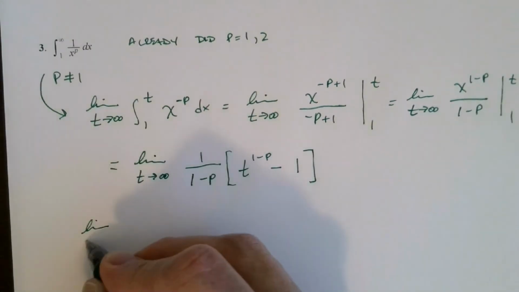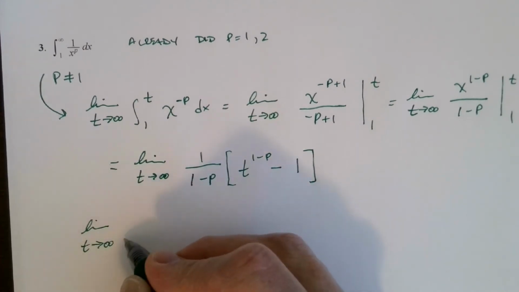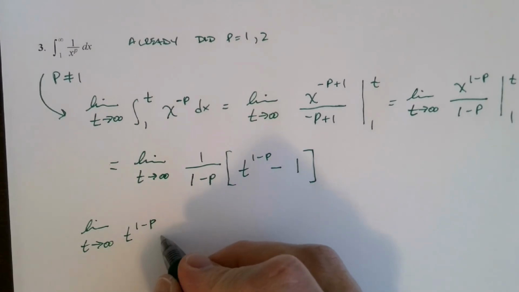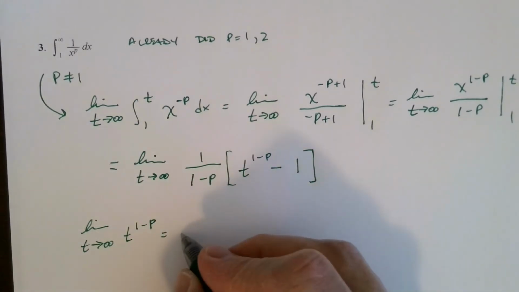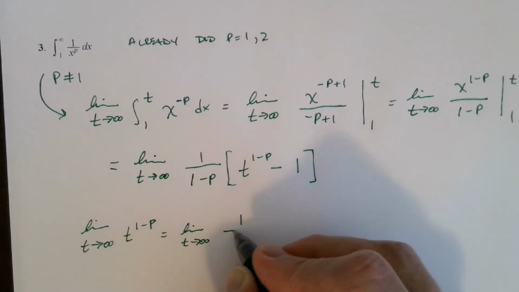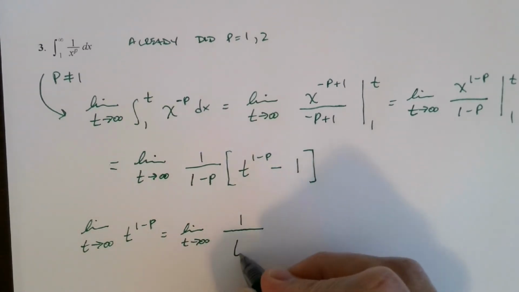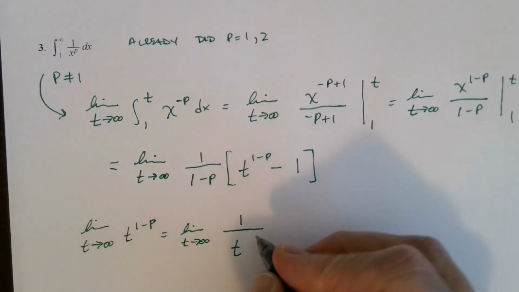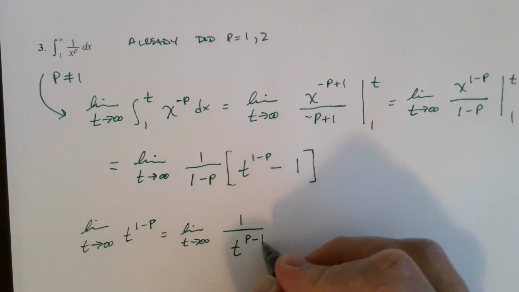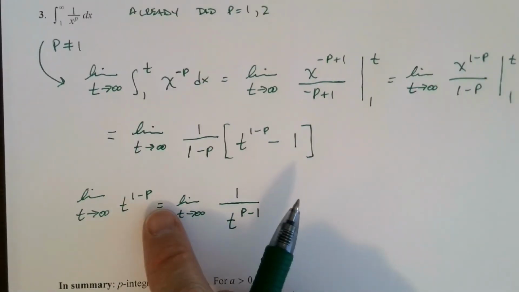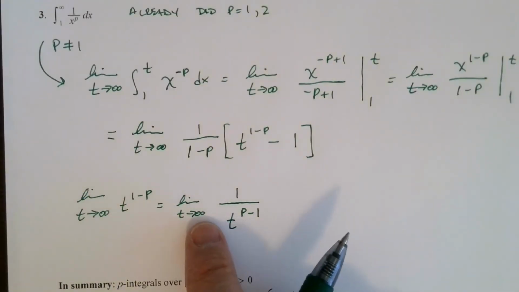The limit as t goes to infinity of t to the 1 minus p. Let's just take a look at that on the side here. Well, that's the same as the limit as t goes to infinity of 1 over t to the negative quantity 1 minus p, or negative 1 plus p. Negative 1 plus p is the same as p minus 1. I can look at it this way because we've talked about this already.